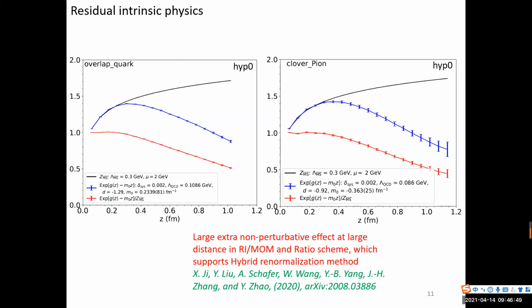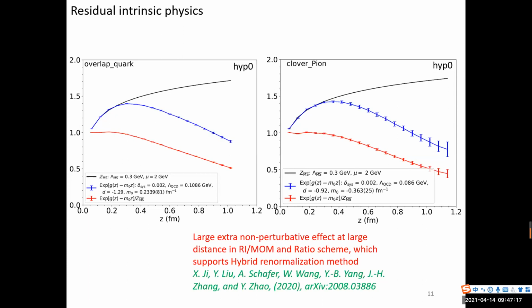So anything beyond z of 0.3 or 0.4, you're going to have large non-perturbative effects or higher twist effects here. Yes, so that limits very much how much you can do with the quasi light-cone distance. Yeah, I can see that.